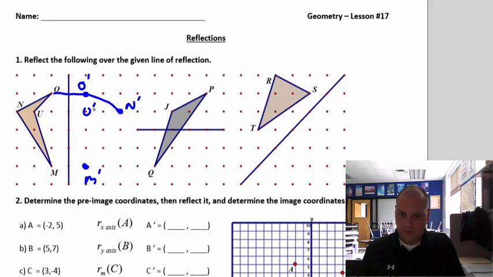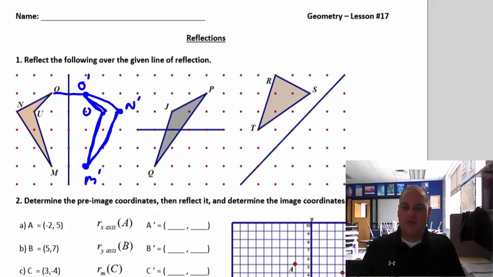We don't connect N to U. There we go. Okay, so it doesn't look great because I'm free-handing on this little device I have here, but there it is. So O, N, M, we just reflected it over the line of reflection.